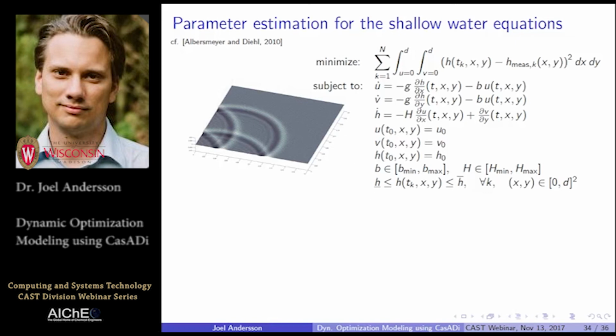So here's a PDE corresponding to these shallow water equations. You're dropping a drop of water onto a water surface, and in this case we're trying to estimate the height of the pool, and I think the viscosity.